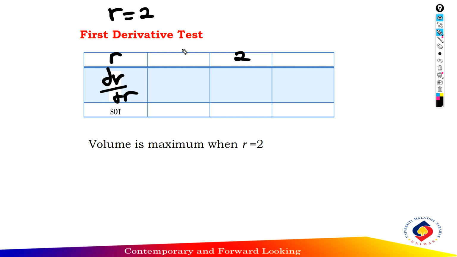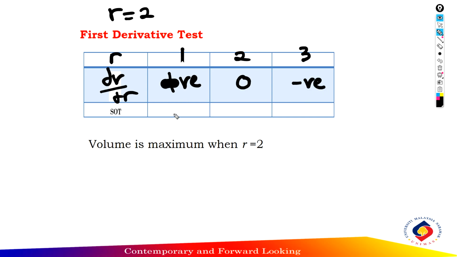From the left the nearest value is 1, and on the right the nearest value is 3, and you substitute these into dV/dr. When the radius is 1, the sign is positive, at 2 it equals 0, and when the radius is 3, the first derivative is negative.